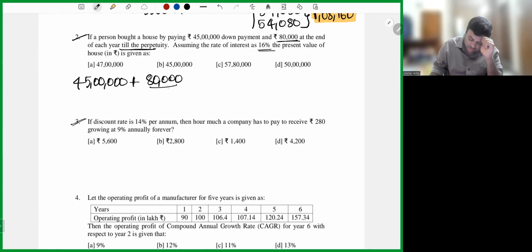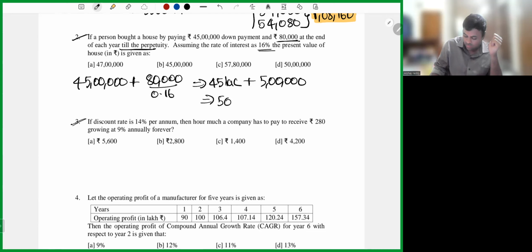Rate of interest is 16%. So 45 lakh, what is the present value? So 80,000 divided by 0.16, which is equal to 5 lakh. So 45 lakh plus 5 lakh, 50 lakh.